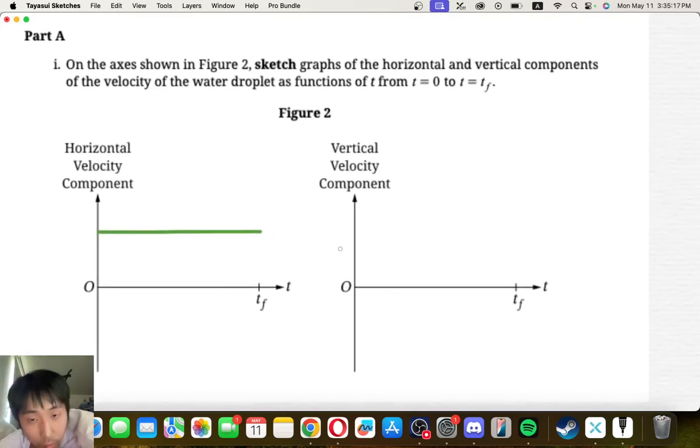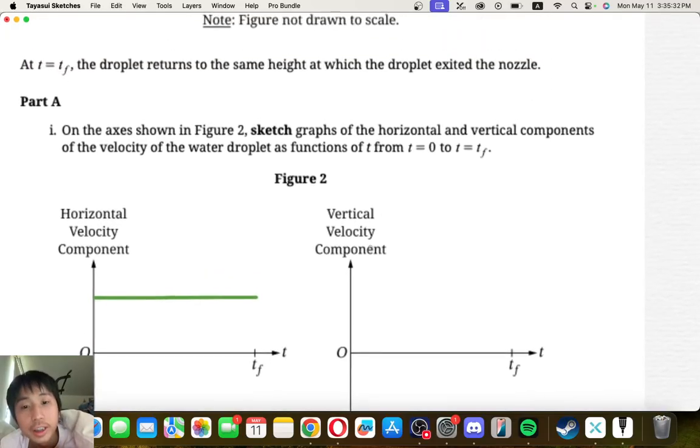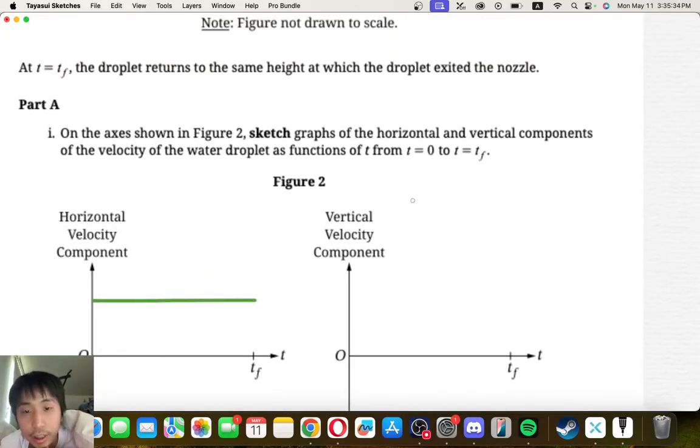And for vertical, since it's velocity, let me think about it. Okay, so since there's an acceleration, and it's constant acceleration, F equals ma, or just a equals g, right?